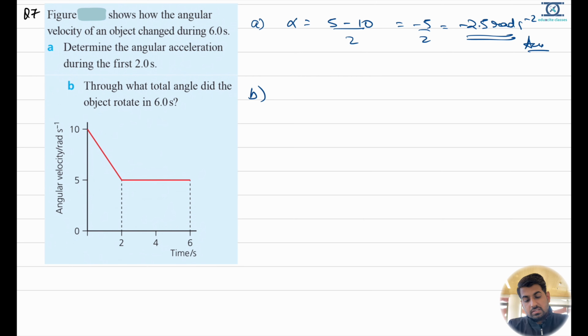Now part B is, through what total angle did the object rotate in 6 seconds? Now we know that in the angular velocity versus time graph, the area under the curve gives us nothing but the angular displacement. So let us say this is A1 and this is A2.